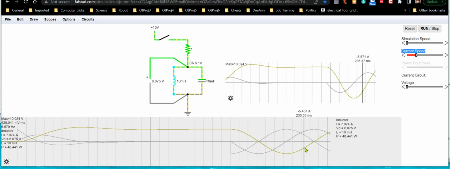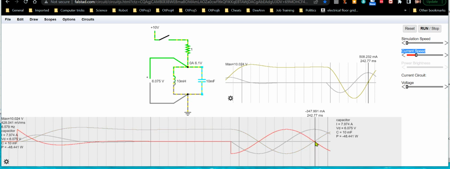Basically, you have the current discharging out of the inductor because it's moving towards zero, while at the same time the voltage is increasing across the LC tank as the capacitor's voltage starts to charge up. That means the inductor is generating a slightly higher voltage than the capacitor has on it, because it's losing energy out of itself while it's trying to transfer it to the capacitor.